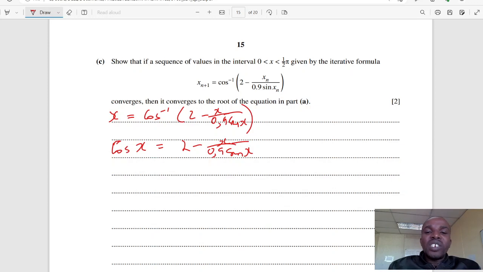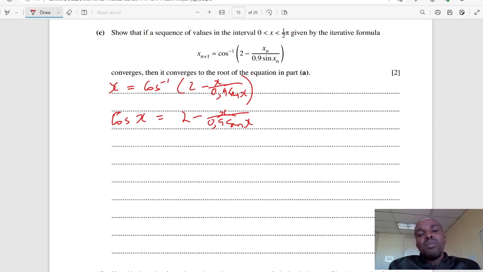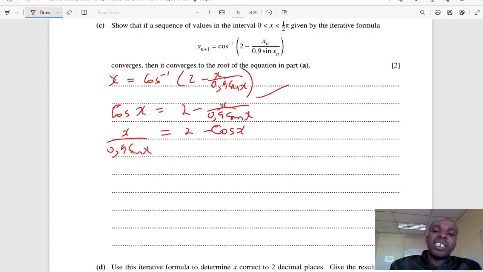Then let's get rid of our denominators, multiply everything by 0.9. Or let's just take this x, because it's supposed to reduce to that item there. Then we have to make this x the subject. So it will be x over 0.9 sin x is equal to 2 minus cos x. It's working.